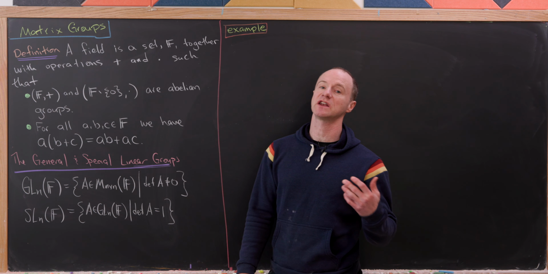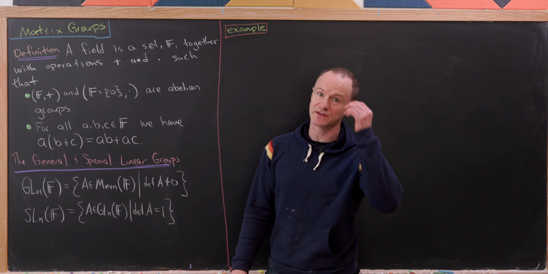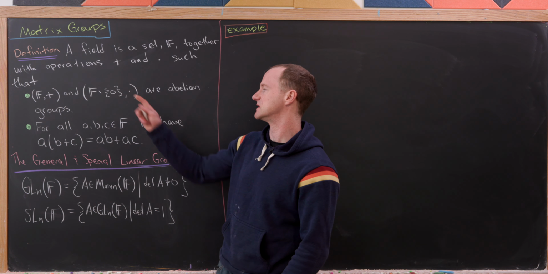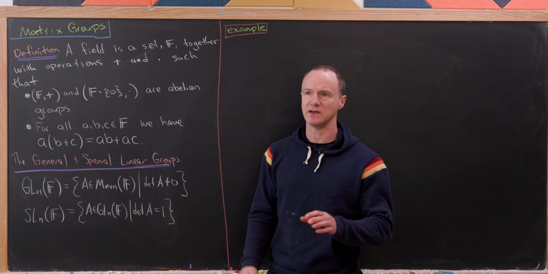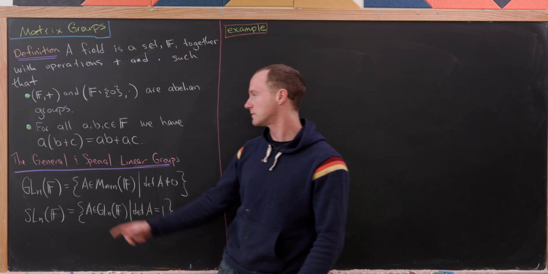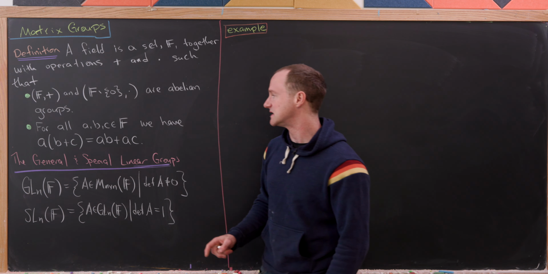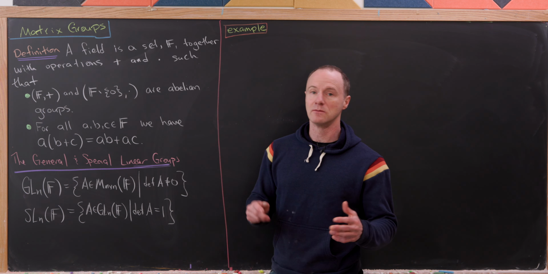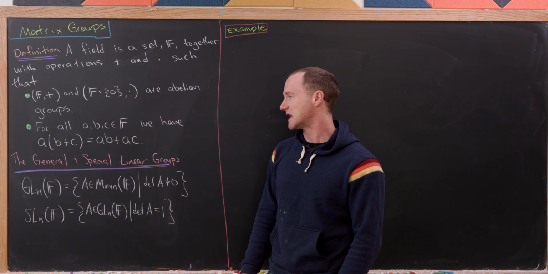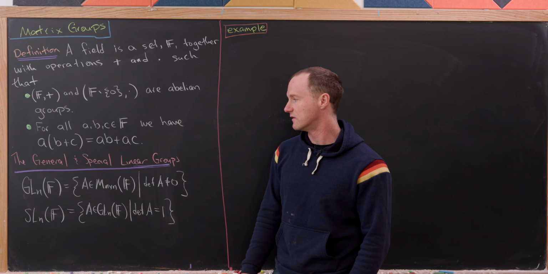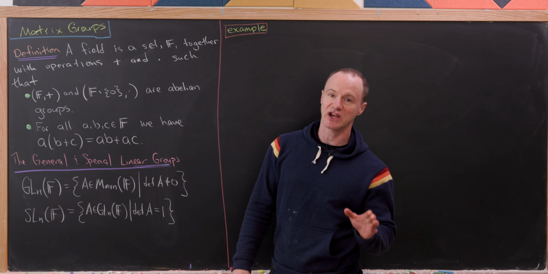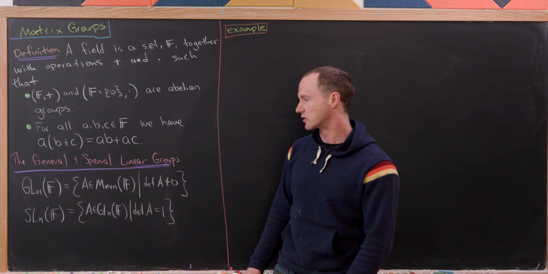And then there's going to be one more axiom. Of course, there are several axioms built into this first line, but the additional axiom will be the so-called distributive rule. For all a, b, c in F, we have a multiplied into b plus c is ab plus ac. Okay, now that we've got that taken care of, we can define the general and special linear groups.